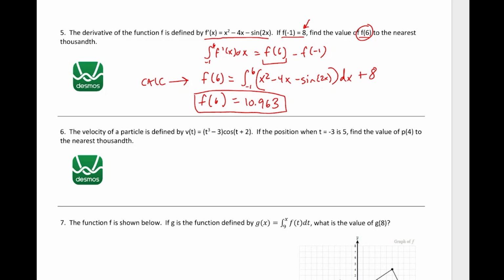Number 6 says the velocity of a particle is defined by v of t equals t cubed minus 3 times cosine of t plus 2. If the position when t is -3 is 5, find the value of p of 4 to the nearest thousandth.